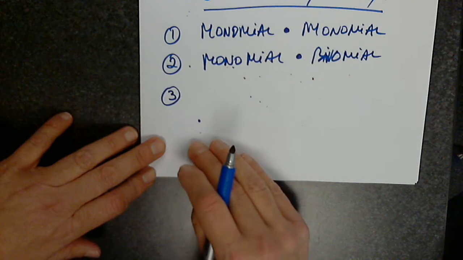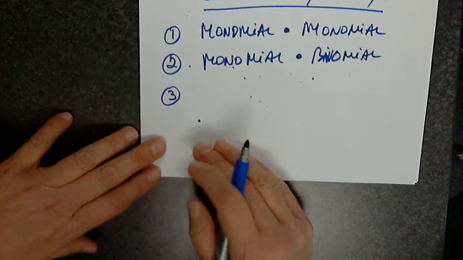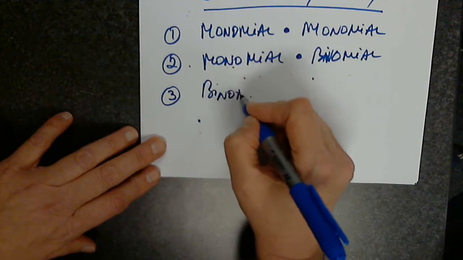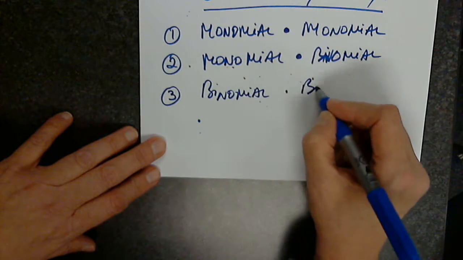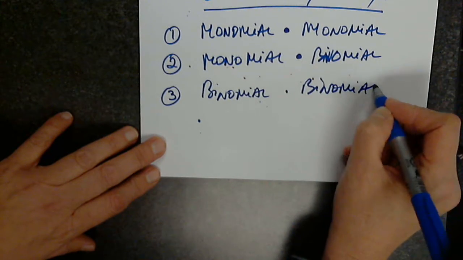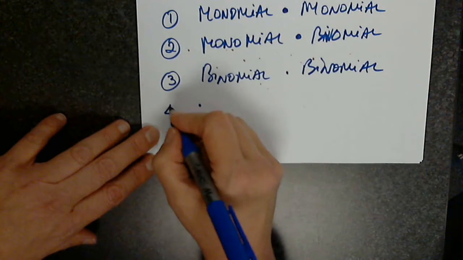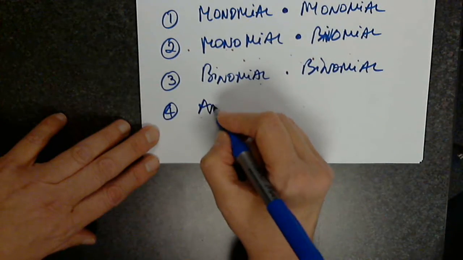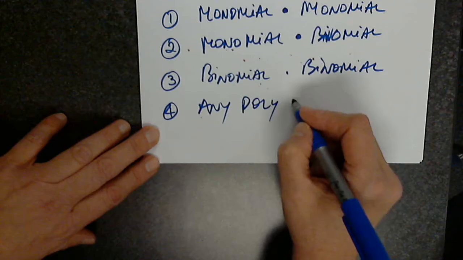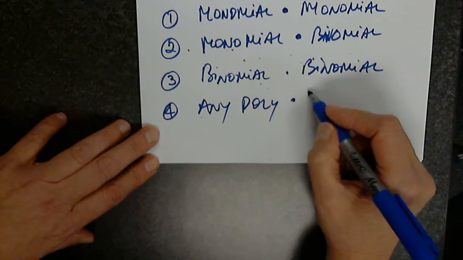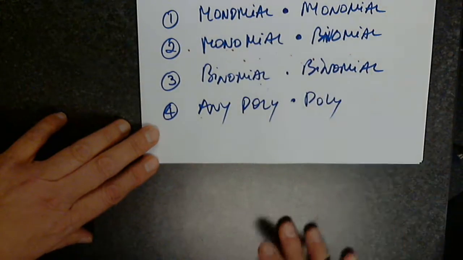Situation number 3. Binomial times a binomial. And situation number 4, anything you want. Any poly times, except monomials, times by another poly.